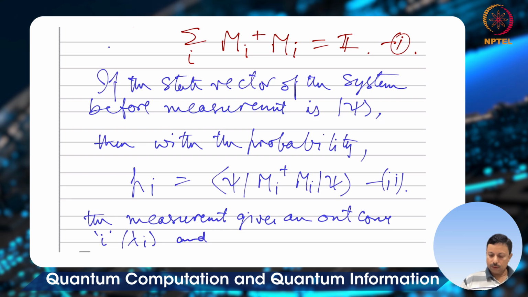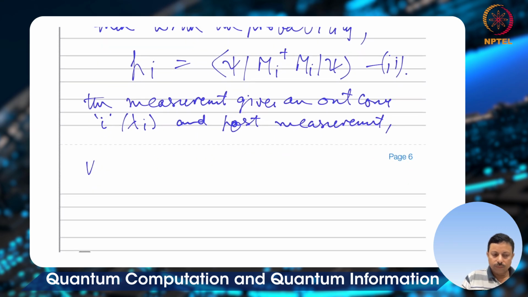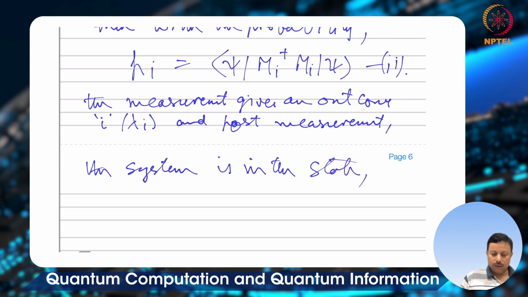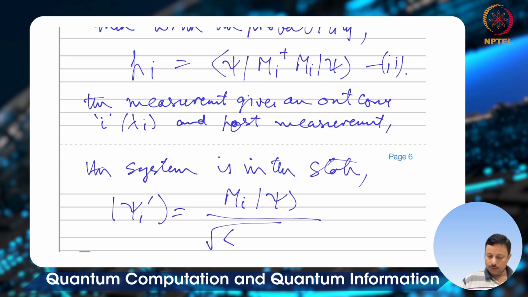Post measurement, the system is in the state psi i prime, which is Mi times psi, normalized, so it is Mi psi divided by the square root of psi Mi dagger Mi psi. This is equation number 3.